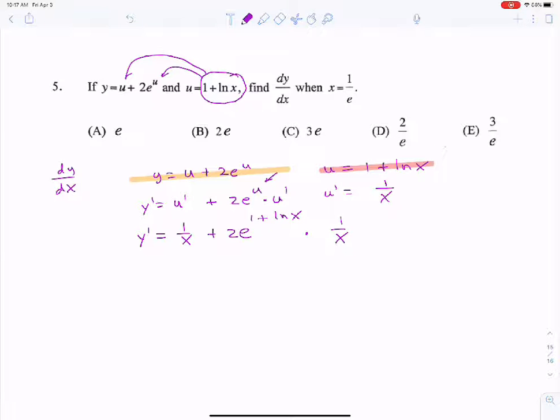From there, what did they want us to do? Actually, they want us to x equals 1 over e. X is a constant. Why are they doing that? Let's see. Give me 1 second. Let me see this. So we did that.